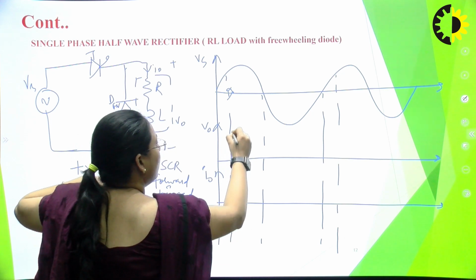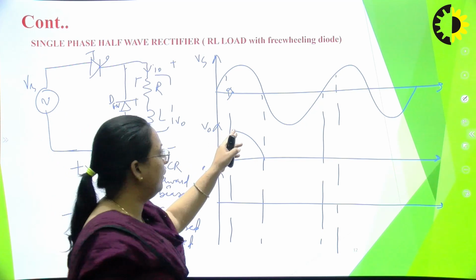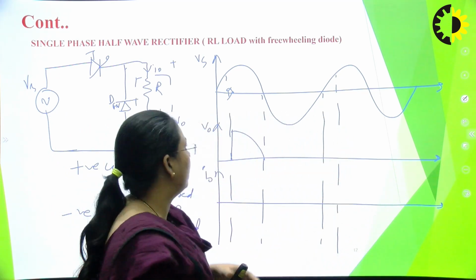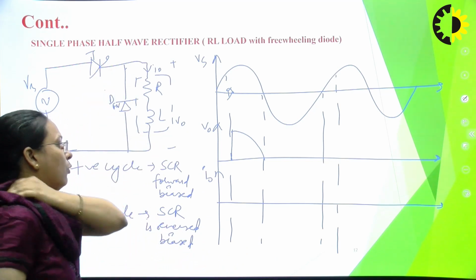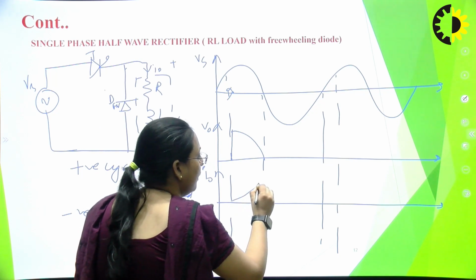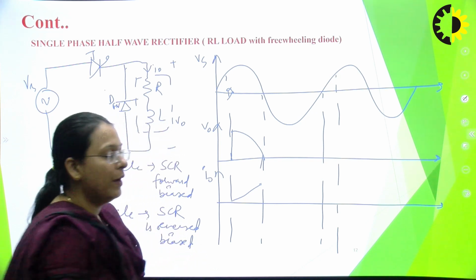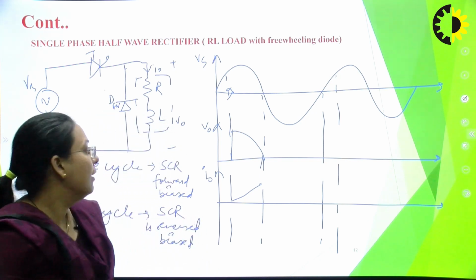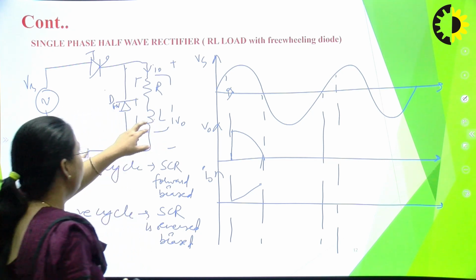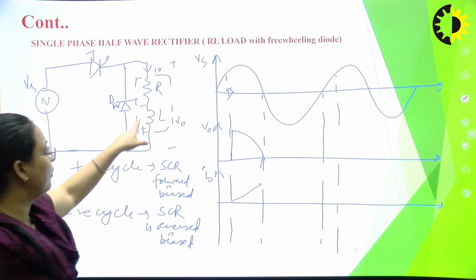At once the output voltage will start tracing the supply voltage, because the thyristor behaves as a closed switch here. Because of the inductive load, the current will start to rise from here to here. At omega t equals pi, the thyristor is reverse biased, but the inductance in the load will oppose the change of current, and the EMF induced in it will be of opposite nature.